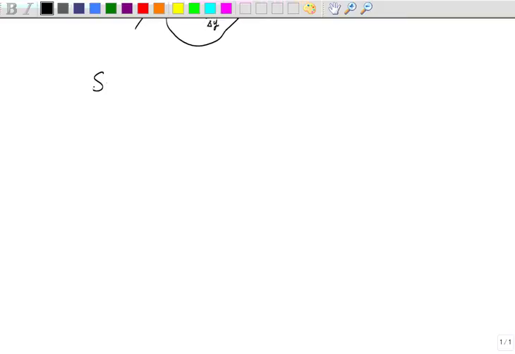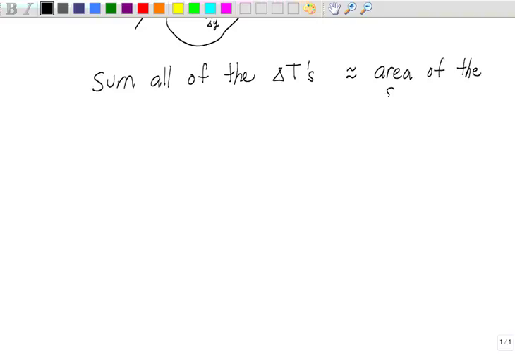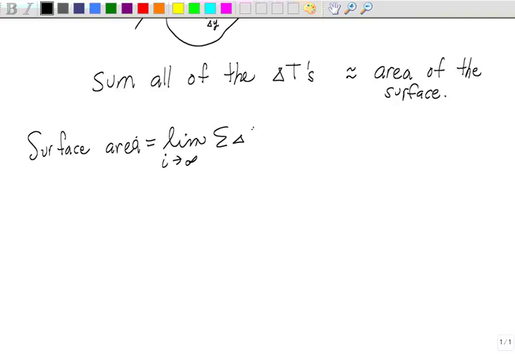So if we sum all of the delta T's, then we get approximately the area of the whole surface corresponding to D. So the surface area is going to equal the limit, as all the rectangles shrink, of the sum of all the delta T's.